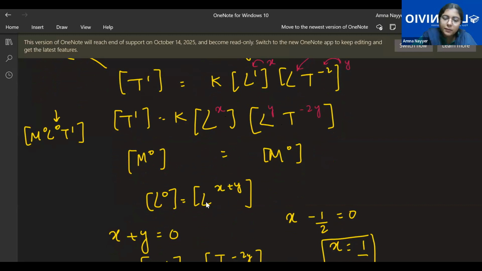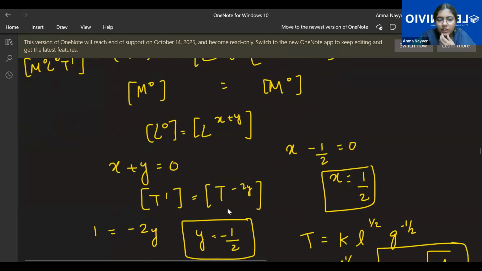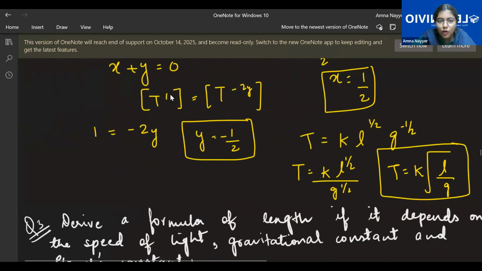So now what we do, the powers are same because this is the formula. It will have to be dimensionally correct. So 0 is equal to x plus y. That is my first equation I've written. But that doesn't give me the value of x and y. So I'll go further. T to the power 1 is there. Here t to the power minus 2y is there. So their dimensions are same. So what is the power?